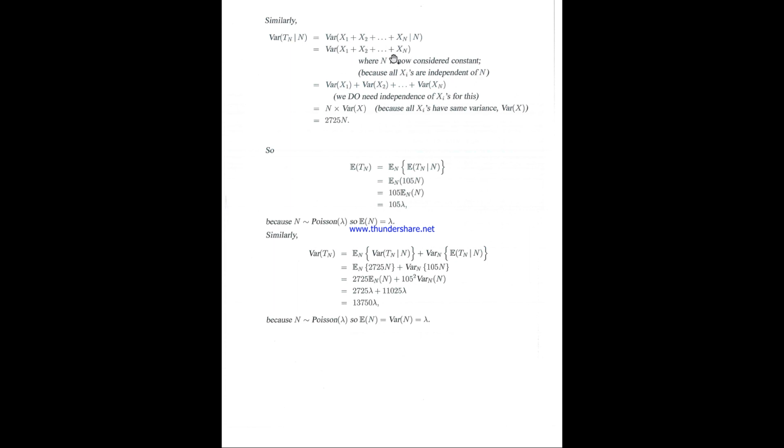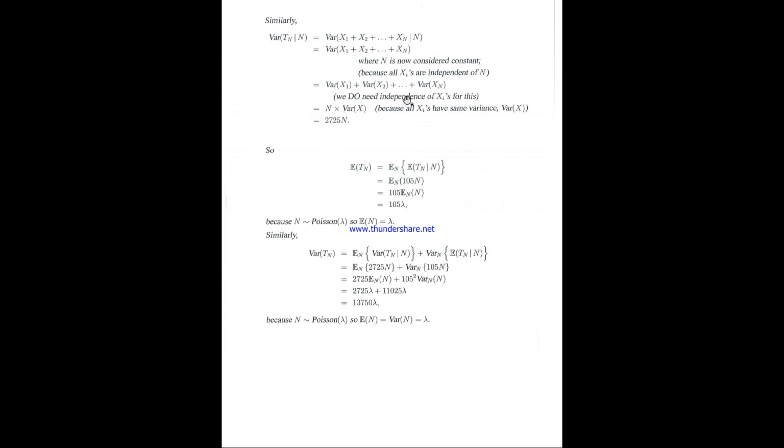Since these are independent, we do not have to talk about a covariance, right? You can replace the variance of the summation by the summation of the variances, that is variance of x1, variance of x2, likewise up to variance of xn.